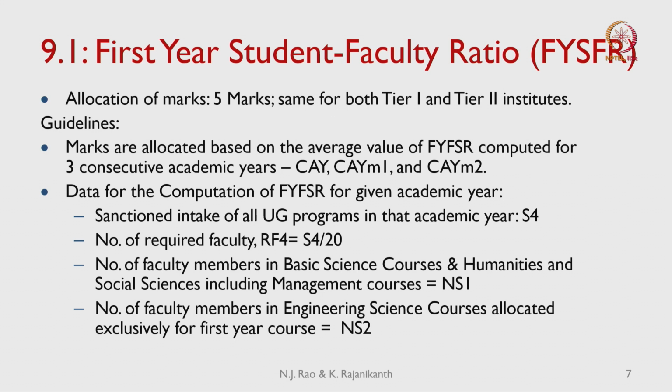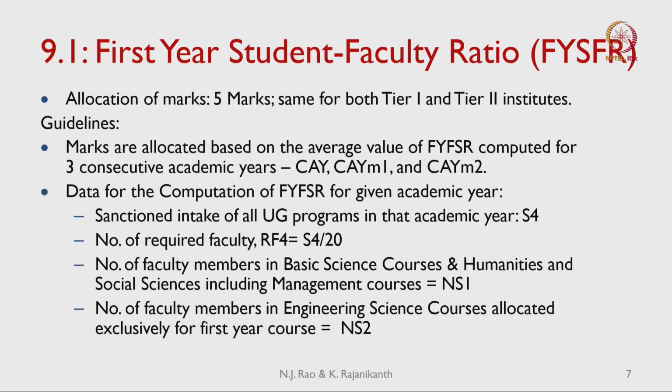Number of faculty members in basic science courses and humanities and social sciences, including management courses, that is denoted as NS1. Of course, this depends upon how many sections we are having, what is the total sanction intake, and if we are running 2 cycles, how many sections are there for physics and how many sections are there for chemistry in each cycle.